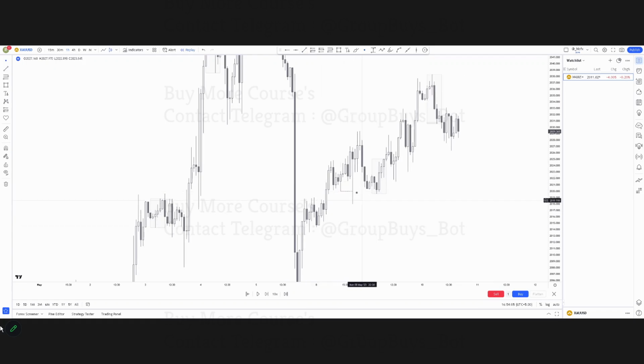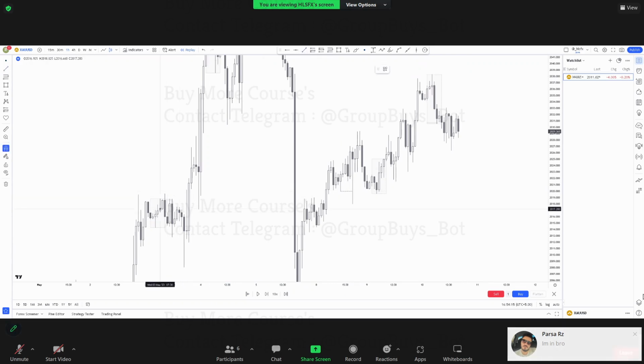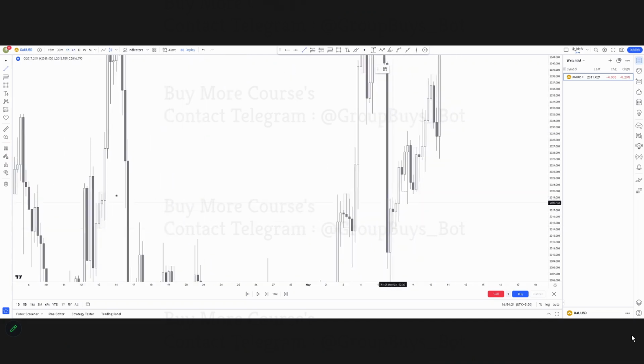If the liquidity is here, I will look for a point of interest somewhere around here. I should look for something closest to this one. Is this my point of interest? No. So I will go to the higher time frame to look for the point of interest. There it is. The point of interest is the decision point.